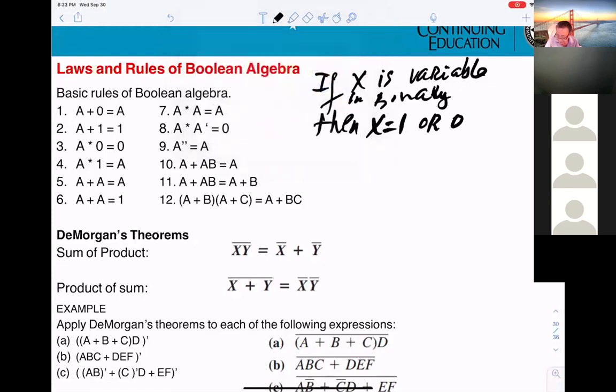So we can say if A is not 0, then it must be what?